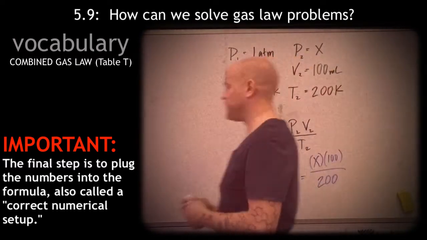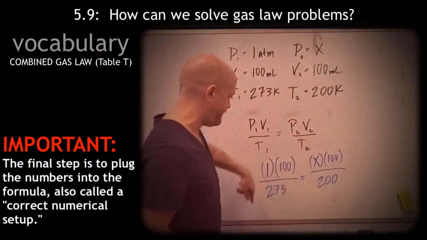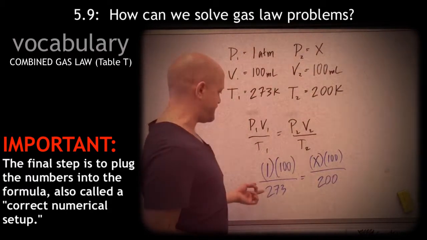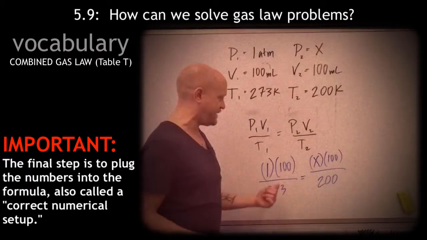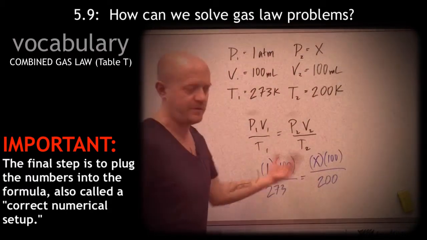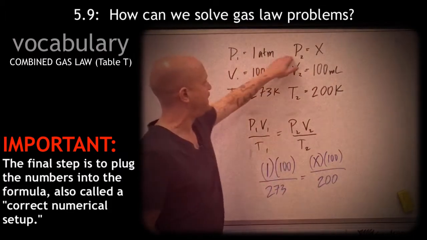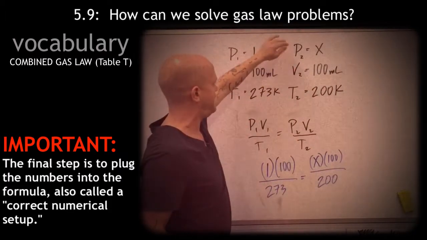Now you can cross multiply and divide. 27,300X equals 2,000. You can subtract and figure this out. Your pressure is going to be a different value.